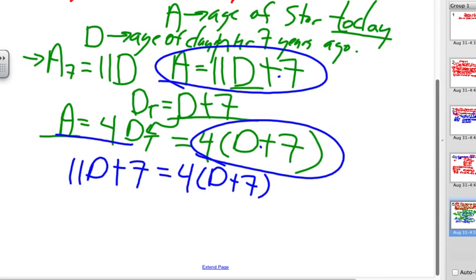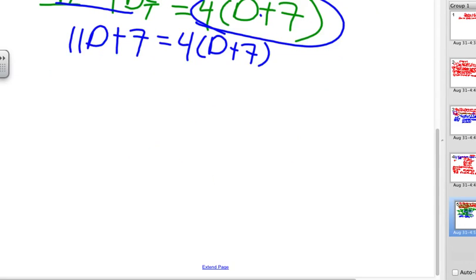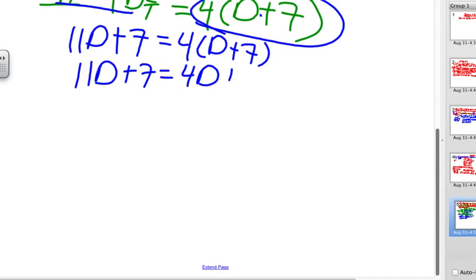Okay? And then I solve for D, but to do that I'm going to have to clear out my parentheses over here, which means I'm going to have to distribute that 4. So I got 4D plus 28. All right. So I'm going to subtract my 4D over here.